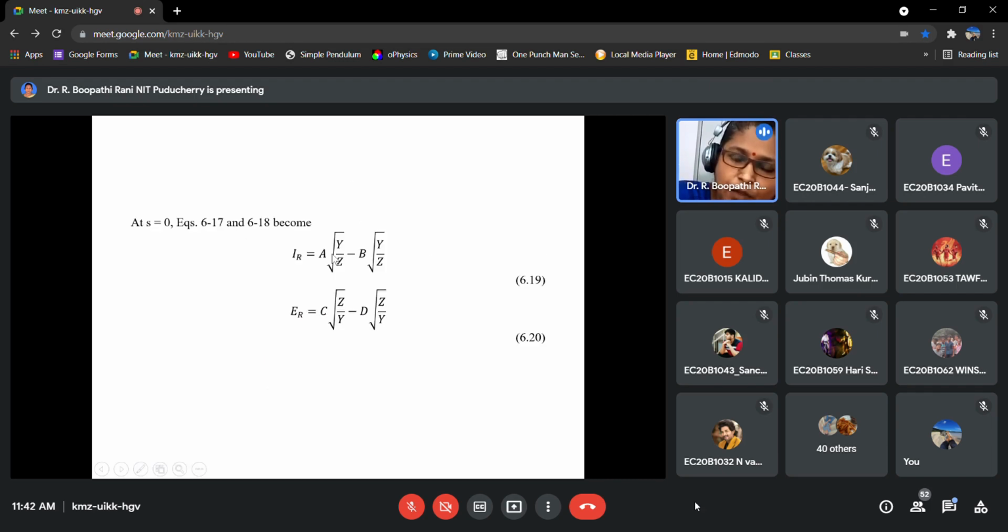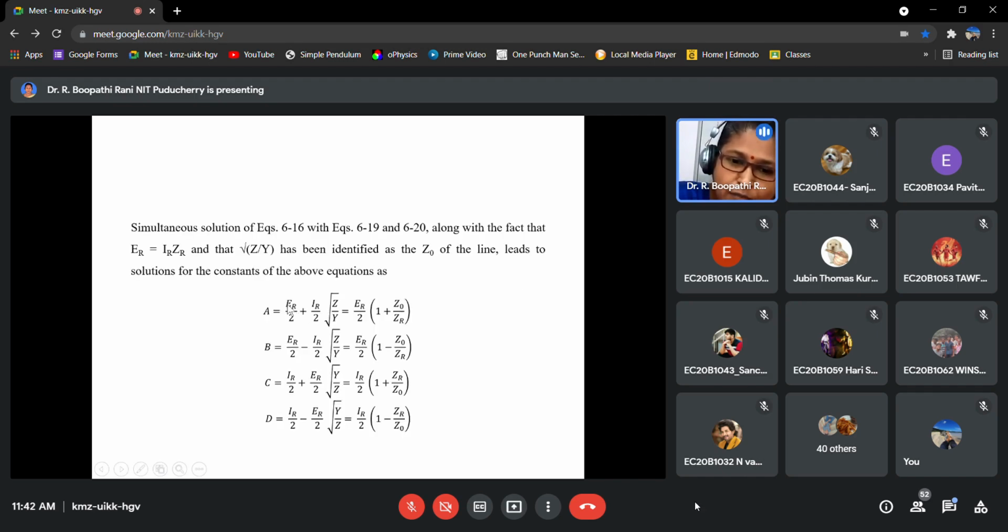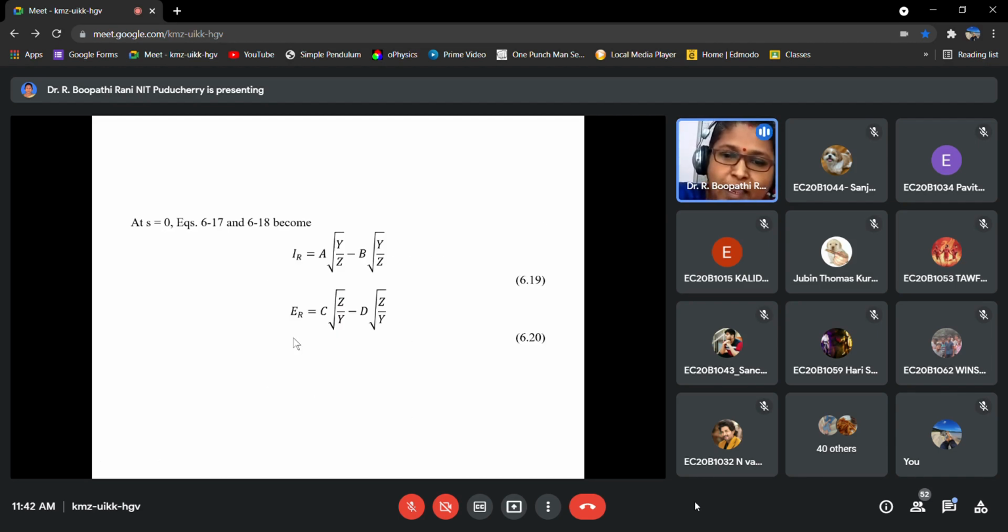While solving you may get 2-3 expressions, but the place of ER, IR will vary as per your solution. This is one solution. You can cancel out A in one equation and find B, and cancel out B and find A, and relating that you get some expression.